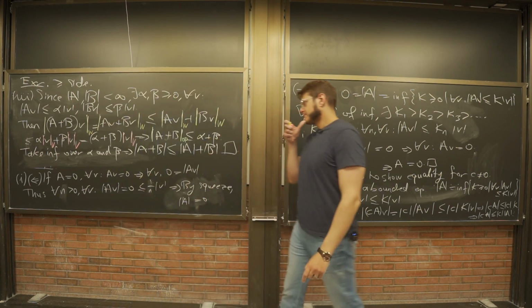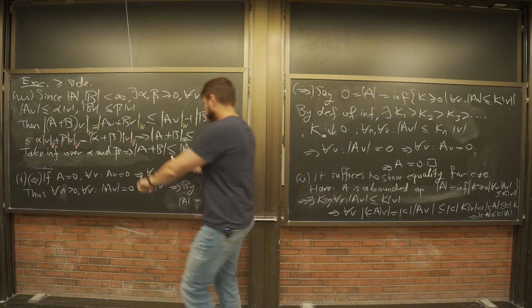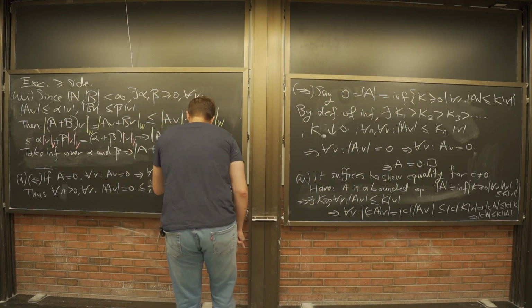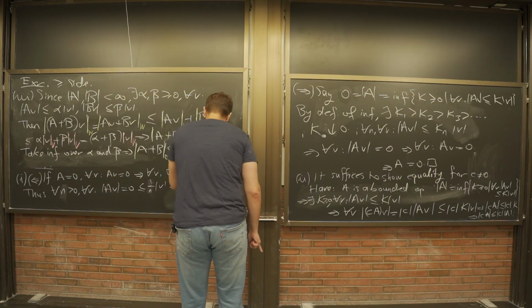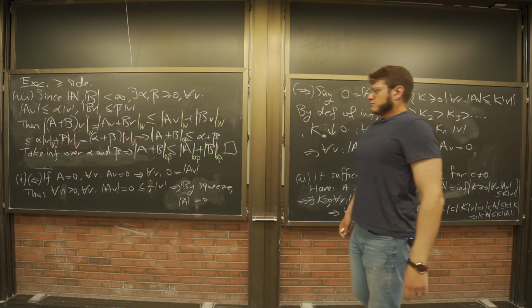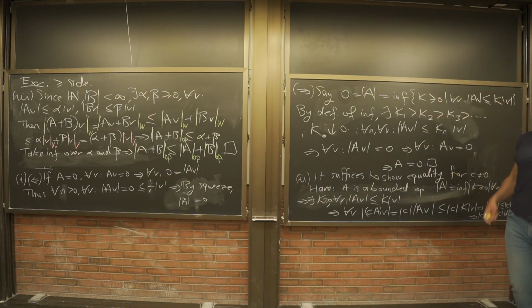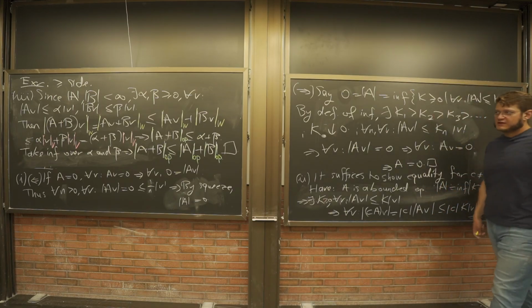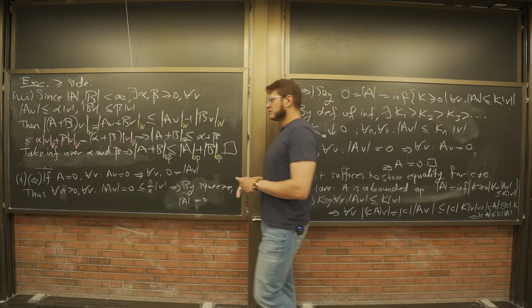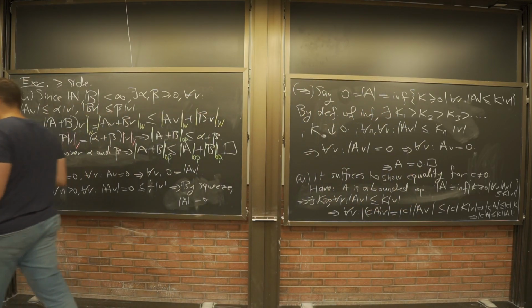If you want, this is the same thing as this. If you're getting confused, it's good to take a second and write things more explicitly. But then, of course, it's going to take longer for you to write things down.